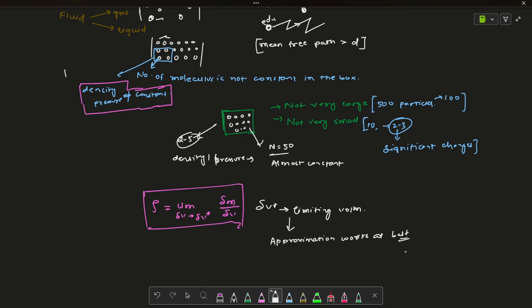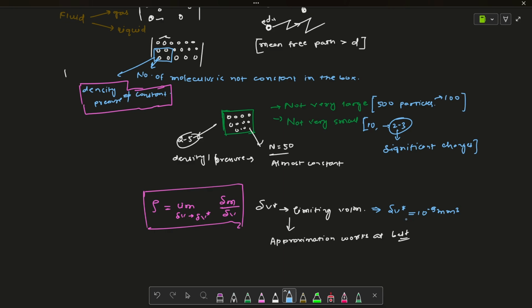Then the question comes to your mind: how much would it be for any fluid and any particle? For all liquids, delta V is almost equal to delta V star, which is 10 to the power minus 9 millimeter cube. It should be the limiting volume for all liquids and for gases at atmospheric pressure.